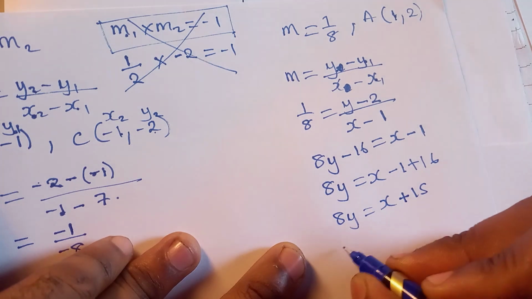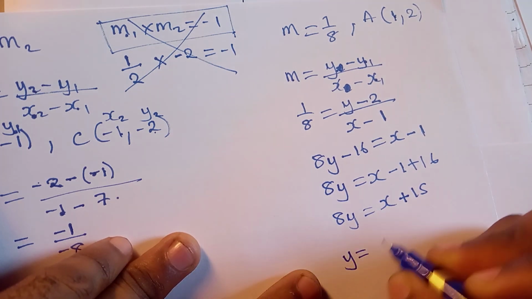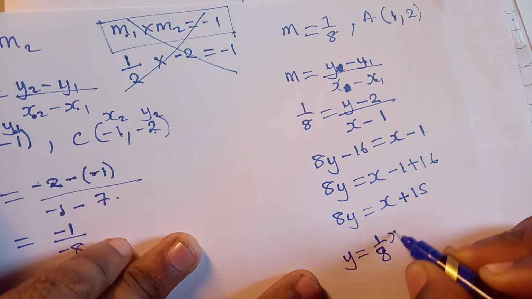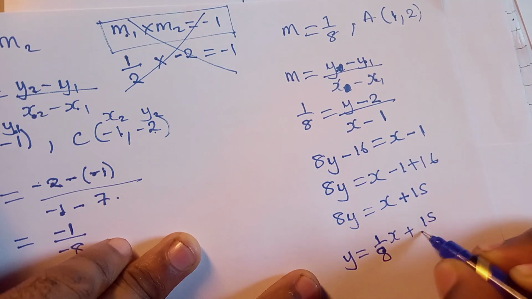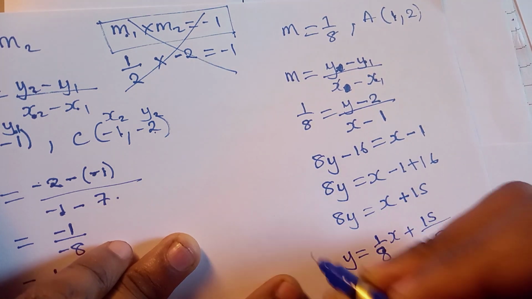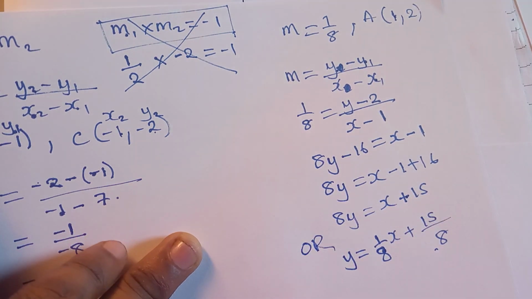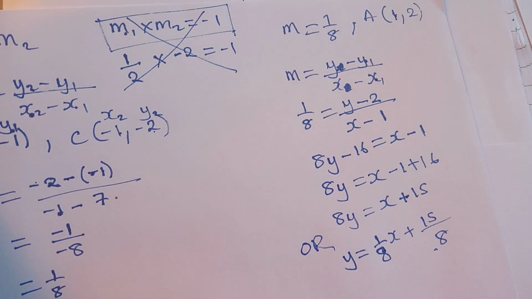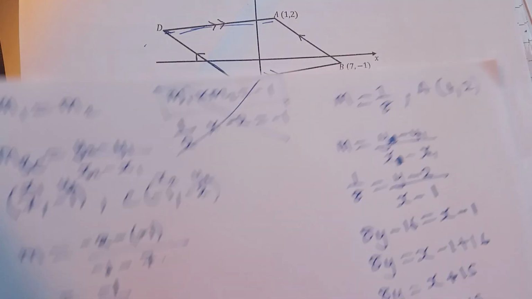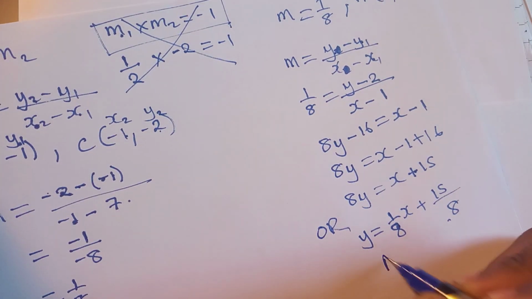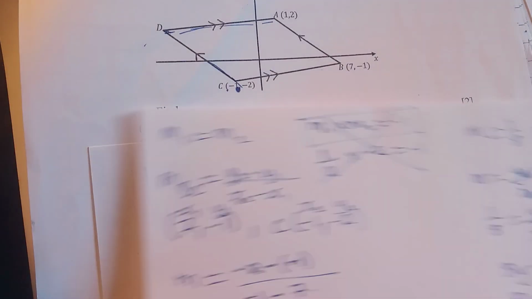You can either leave it like this, or make y the subject of the formula by dividing through by 8. Like this or like this, it's okay. This is the equation of AD, by the way.